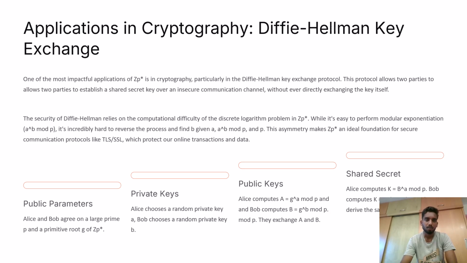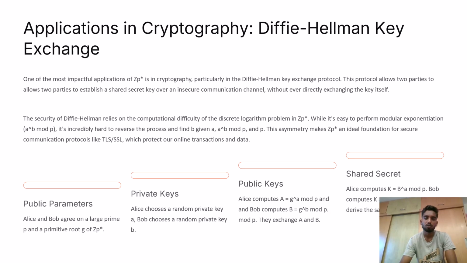Applications in cryptography: Diffie-Hellman key exchange. One of the most impactful applications of Zp star is in cryptography, particularly in the Diffie-Hellman key exchange protocol. The protocol allows two parties to establish a shared secret key over an insecure communication channel without ever directly exchanging the key itself. The security of Diffie-Hellman relies on the computational difficulty of the discrete logarithm problem in Zp star.